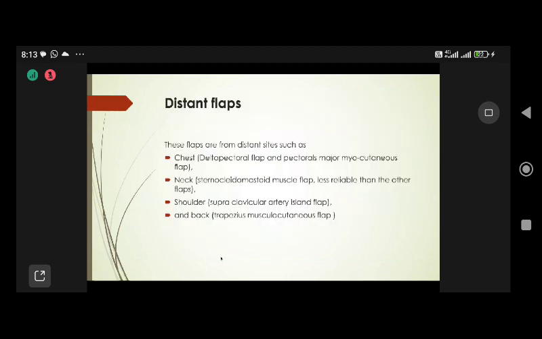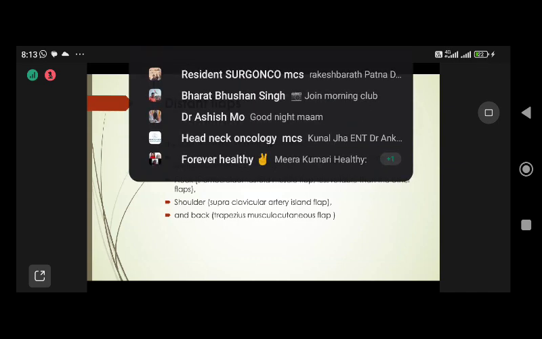Distant flap. These flaps are from distant site, such as chest, like a deltopectoral flap and pectoralis major myocutaneous flap. Then sternocleidomastoid muscle is raised in the neck area, which is less reliable due to its vascularity.